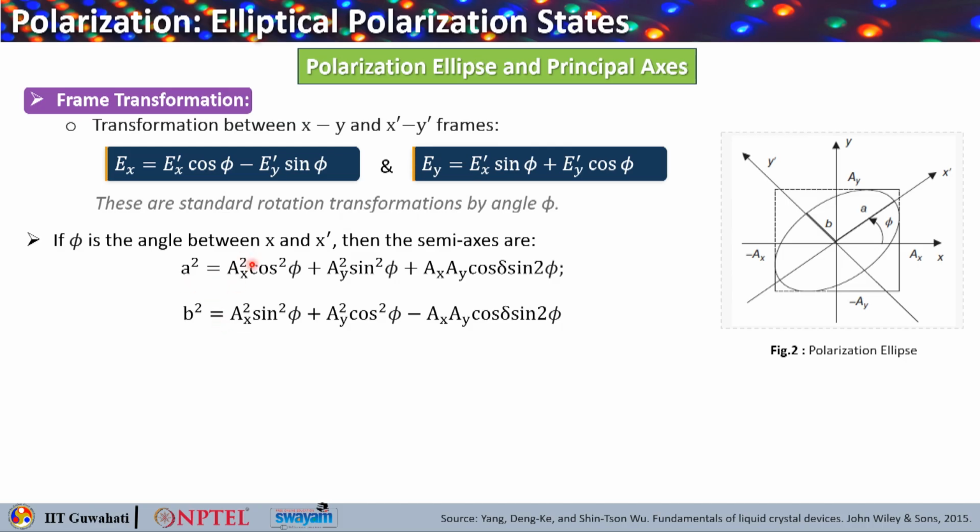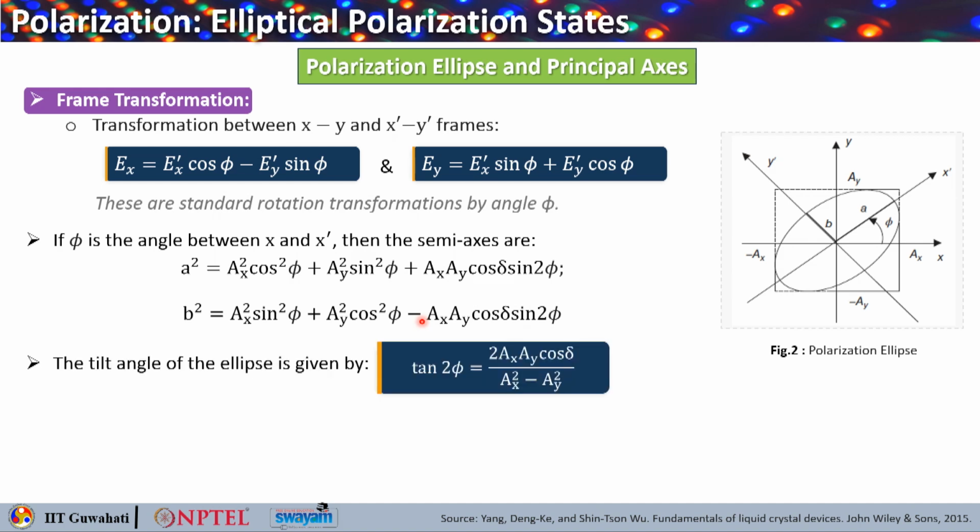So a square will be Ax square cos square phi plus Ay square sin square phi plus Ax Ay cos delta sin 2 phi, and b square will have sin square in place of cos square here, cos square in place of sin square here, and this term remains the same, just the sign will reverse. So this tilt angle of the ellipse can be given as tan 2 phi, which is basically 2 Ax Ay cos delta divided by Ax square minus Ay square.